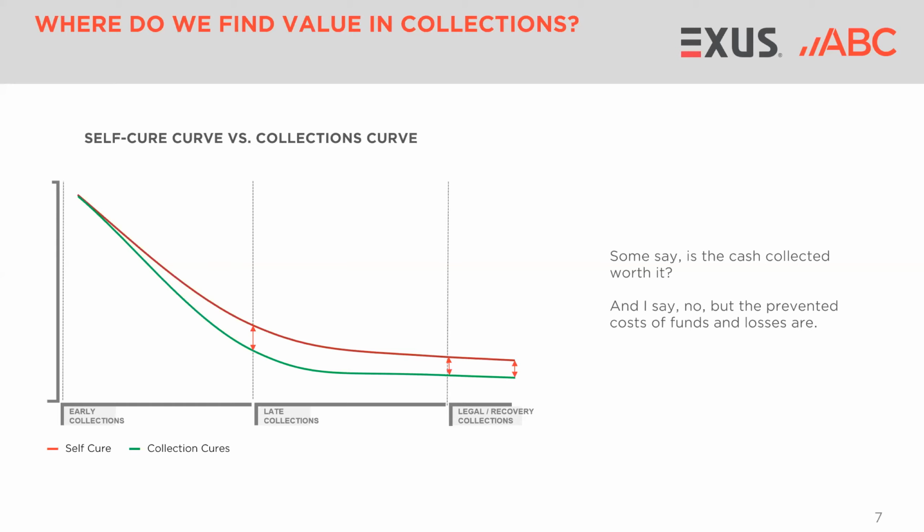We run early collection trials, hoping that the advances we make, for example in the first two buckets, do not disappear towards, let's say, loan loss provision recovery. So this is the game we're playing, and the added value is between the self-payment curve and whatever we can push out of the clients on top.